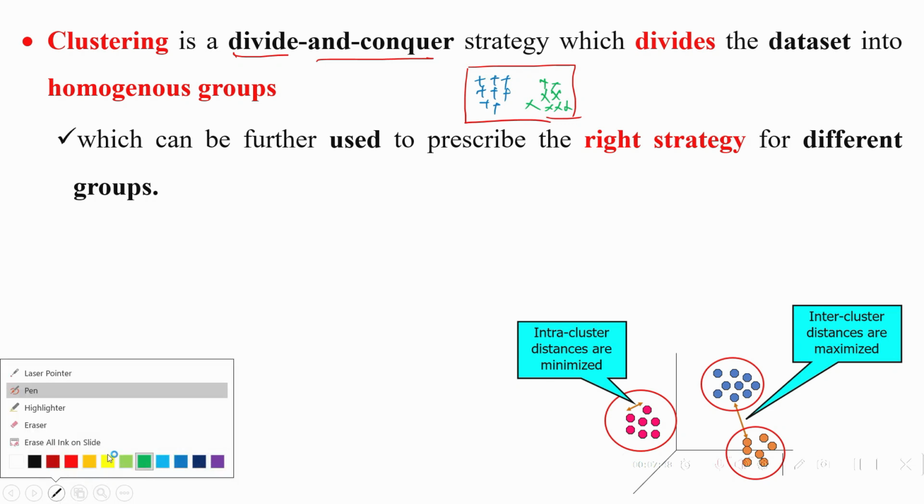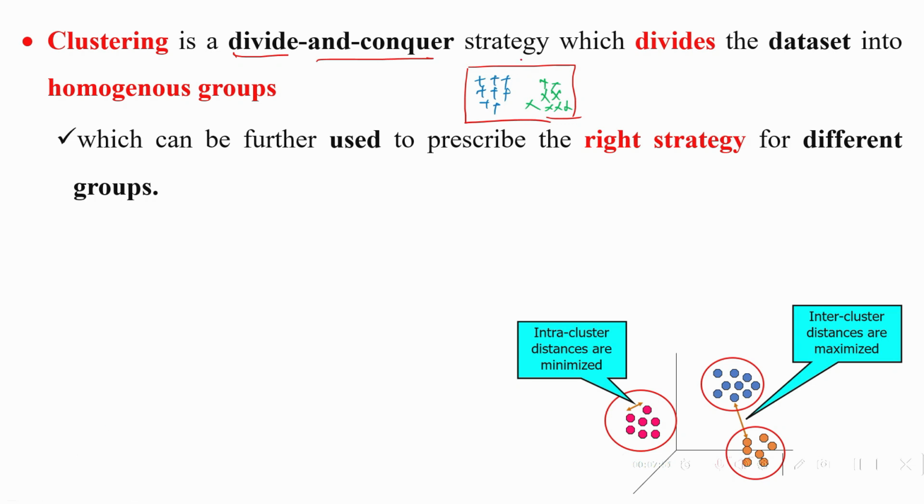Based on the homogeneous features, we group them into two different categories or groups. This is group 1 and this is group 2. The elements within group 1 have the same behavior, and we also have the same behavior elements in the other group. This can be further used to prescribe the right strategy for group 1 and group 2 according to our situation.